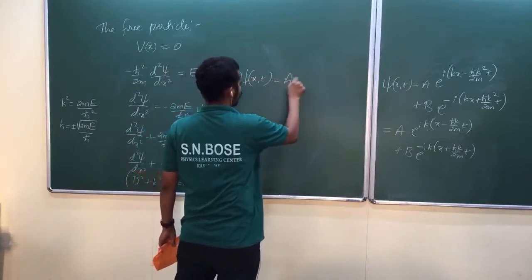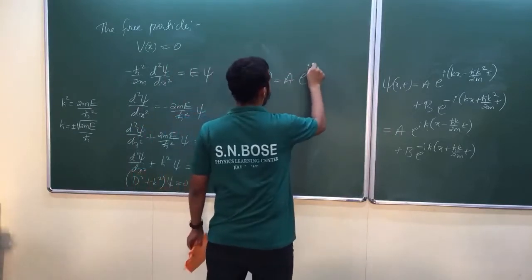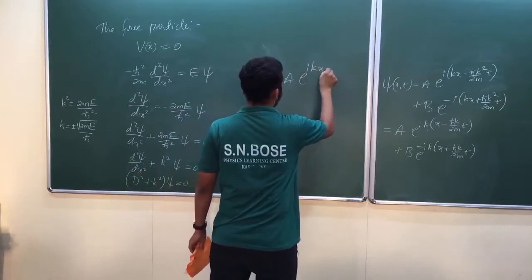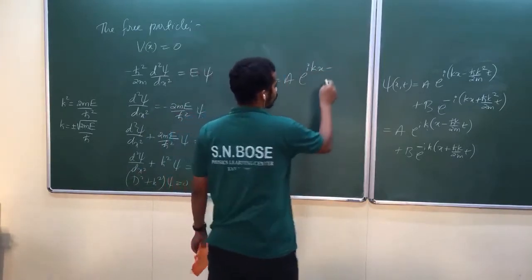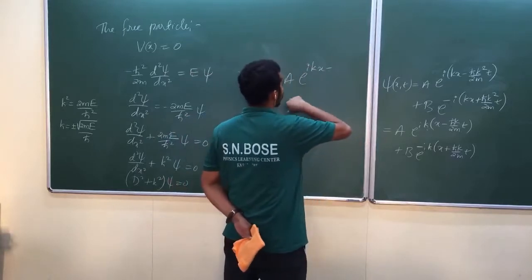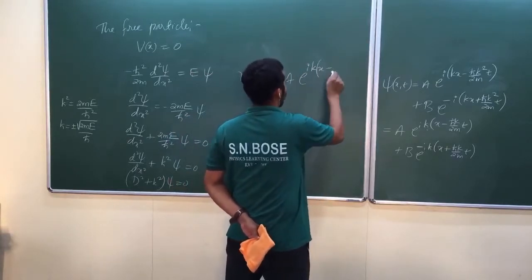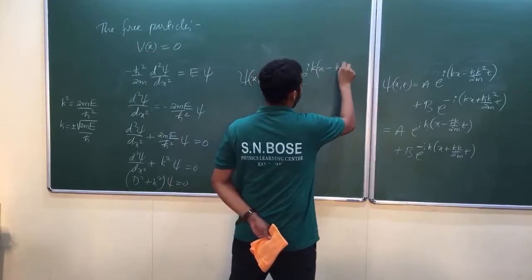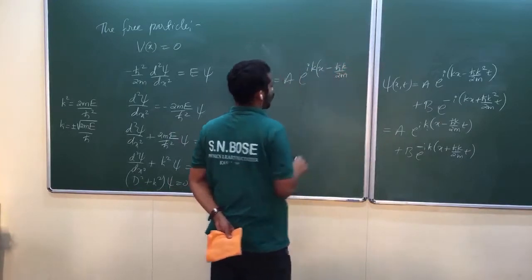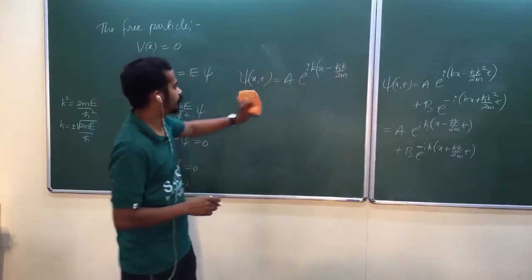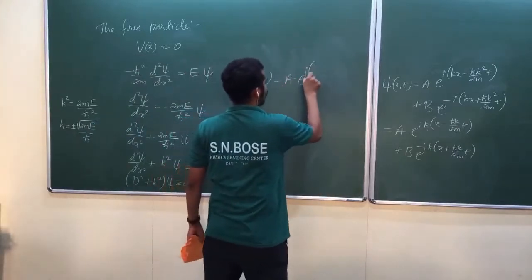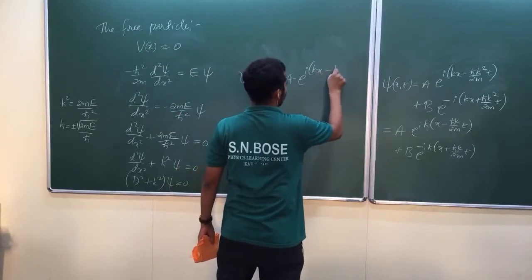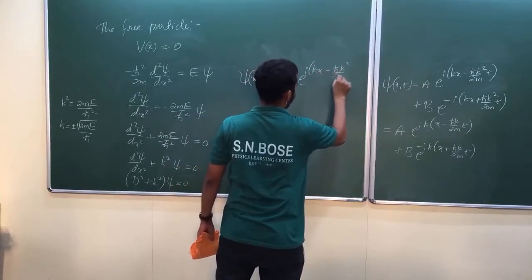And we can write this as A e power i kx minus h bar k square by 2m into t.